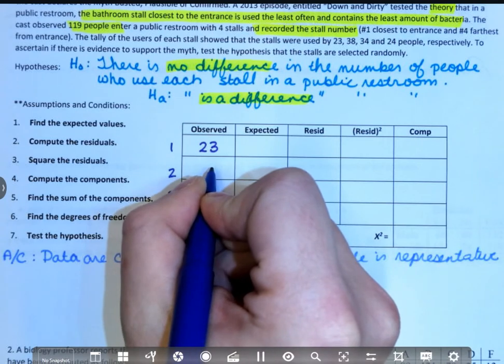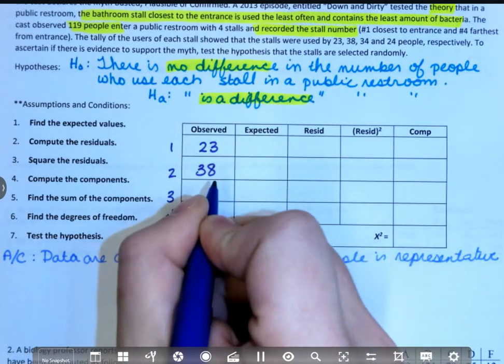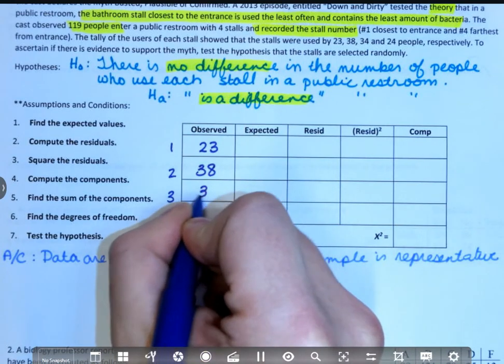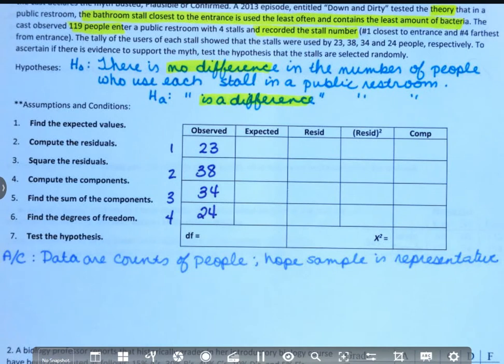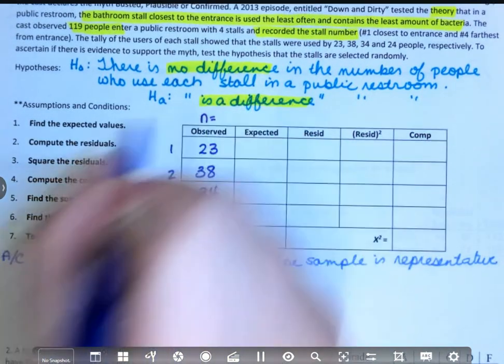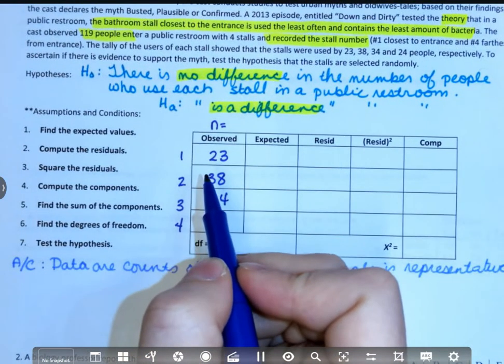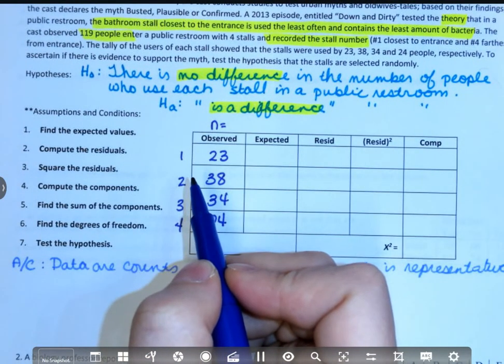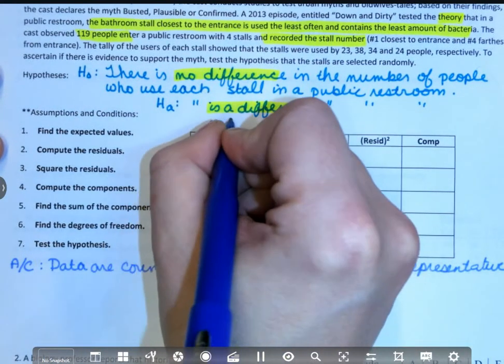Then we had 38. Then we had, and lastly, 24. Just to keep an idea here, how many total is that? They kind of told you also. 119.